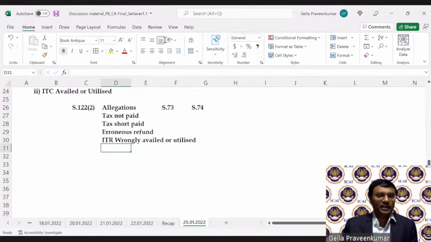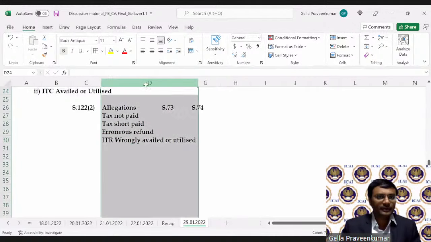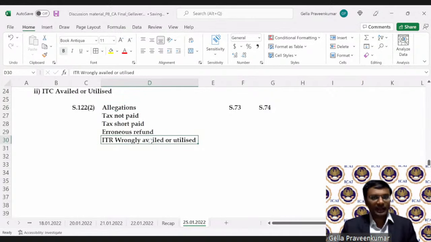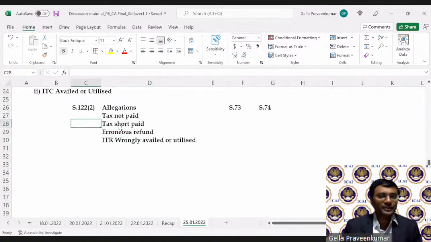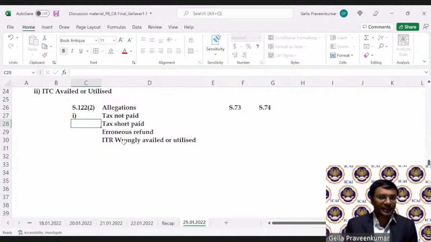These are the 4 contentions we have, right? Now, I'll give you some examples. Please make a note of these 4 entries as 1, 2, 3, 4.